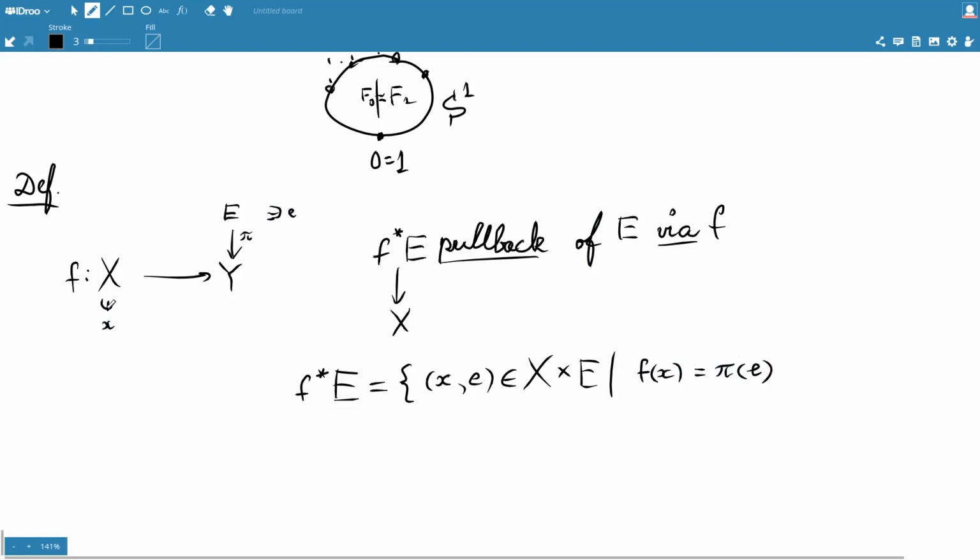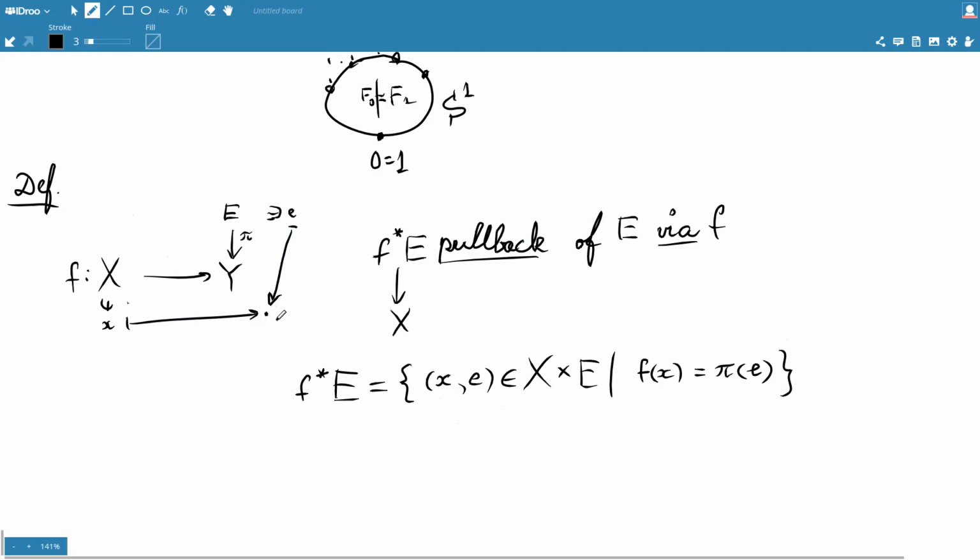And if they go to the same point under our maps F respectively pi, then the pair X, E should belong to our F upper star E.